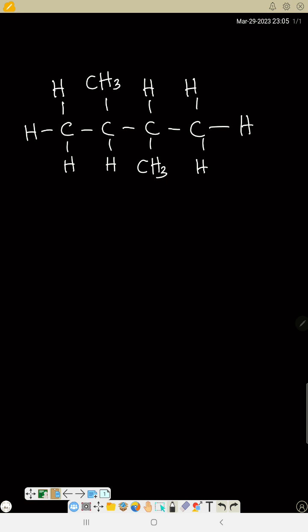So now which one is the longest carbon chain here? To find the longest carbon chain, there are 4 different ways I can find it. This straight chain first, the longest is a continuous carbon chain. So that will be 1, 2, 3, 4.